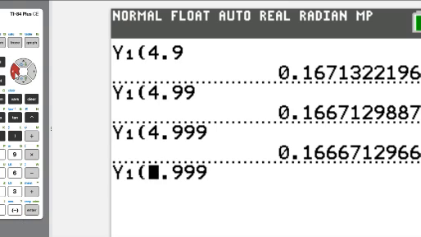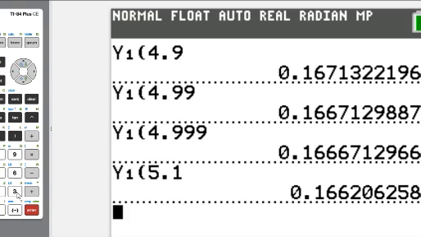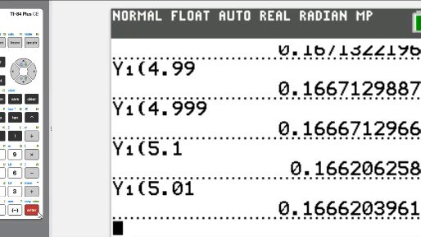Well, go back here, delete some of that out, and let's do 5.1. Enter. Do second enter. Let's do 5.01. So the trick there is to leave the right parenthesis off, all right? And that's just another option for you to evaluate a limit using a table.